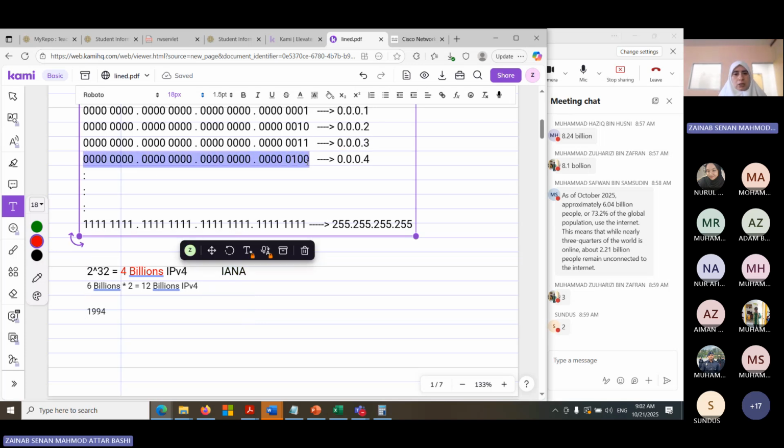It means no 2 devices can have the same IP. It's just like your passport number, your ID number. You cannot have 2 people having the same ID number. If two people had exactly the same ID number here in Malaysia, what would happen?